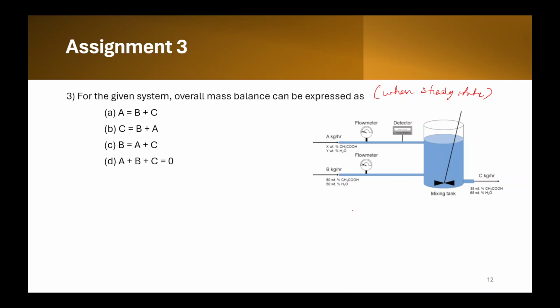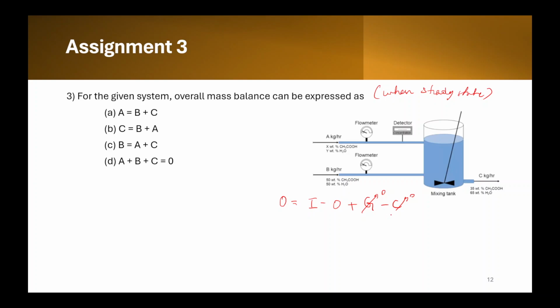So what will be the overall mass balance? As you know, from the general material balance, if steady state, accumulation is 0: input minus output plus G minus P. If there is no reaction occurring here, this is just a mixing system, okay? So this is 0 again because nothing is getting generated.